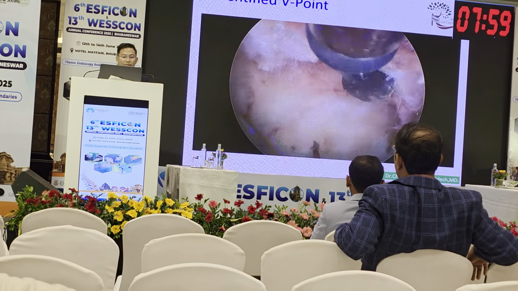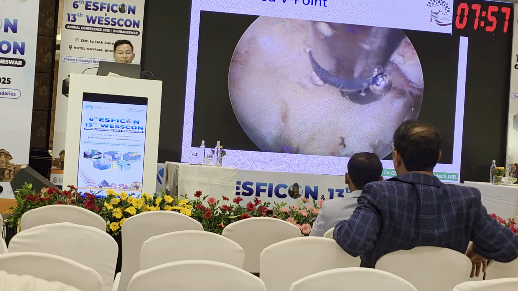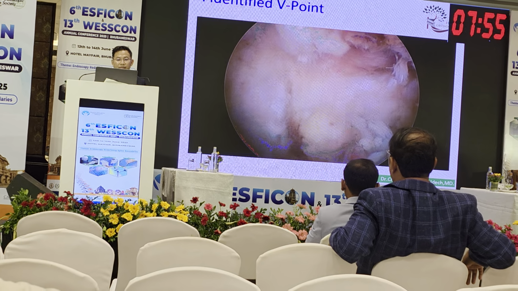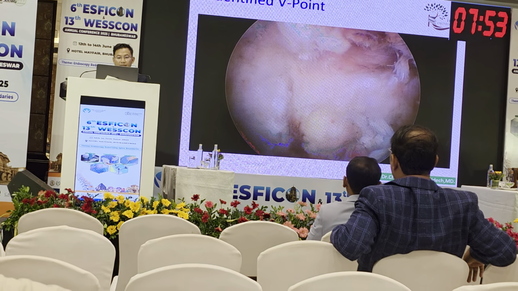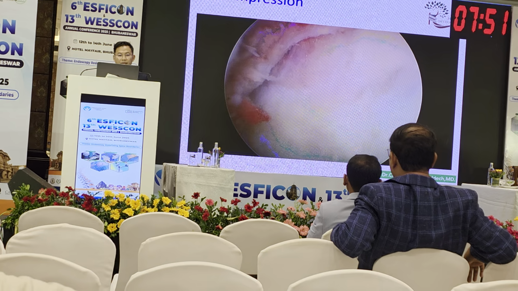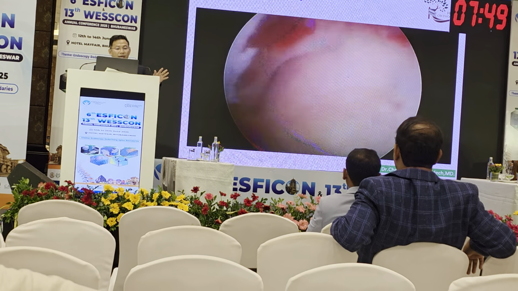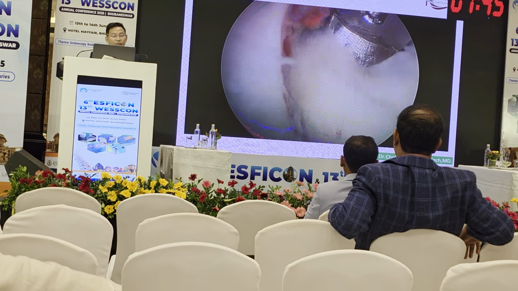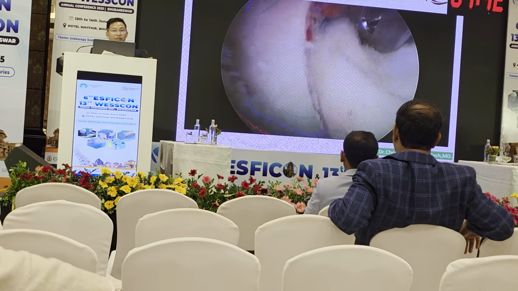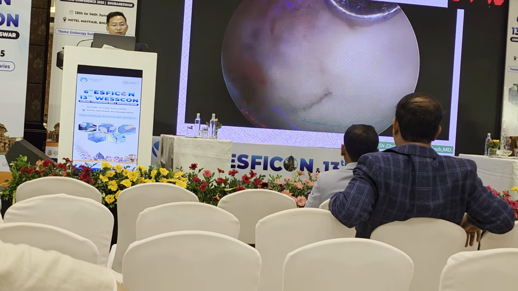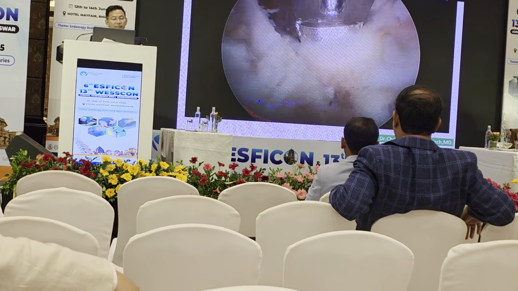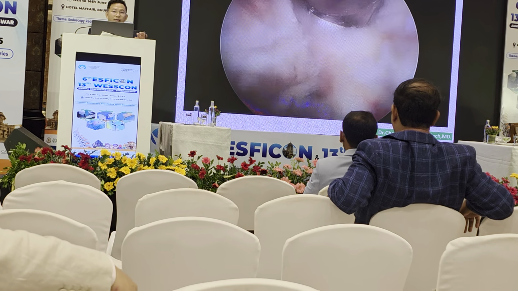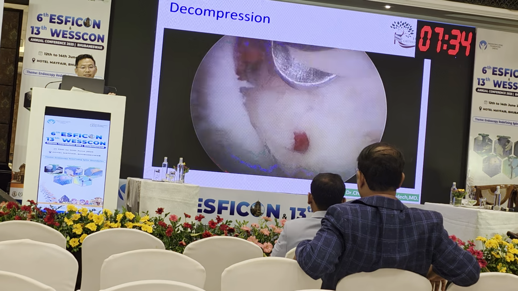The first step, you identify the V points first and you start drilling the upper lamina and the lateral two facets, and try to preserve the facets. For my experience, I only trim the facets around 4 millimeters.